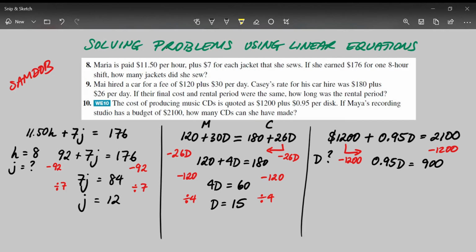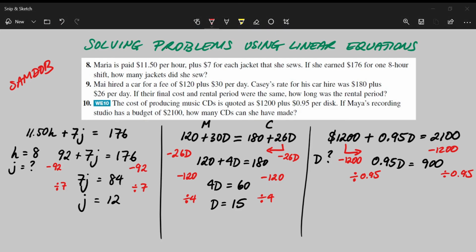And then the last step, to get rid of the 0.95, remember the relationship with the D is multiplied. To do the opposite, we want to divide by 0.95, and we do the same thing to the other side. Just because it's a decimal value, like I said, it is no different.